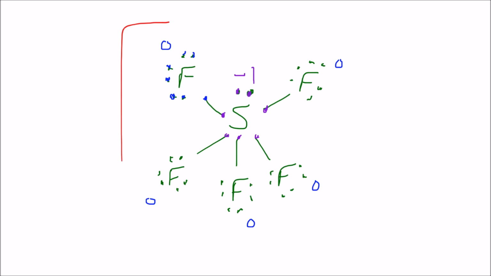Okay, so I'm going to put these brackets around my molecule, and then I'm going to add up my total charge. So I've got a -1 and I've got 5 zeros here. So my overall charge is -1, and you put that in the top right hand corner. This overall charge here is the same as we were given at the beginning when they told us this molecule.